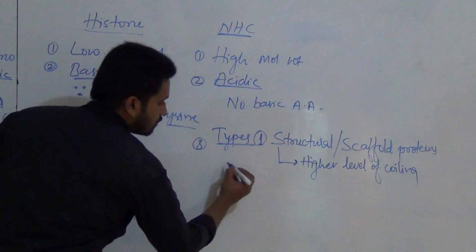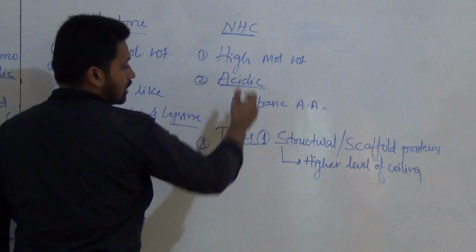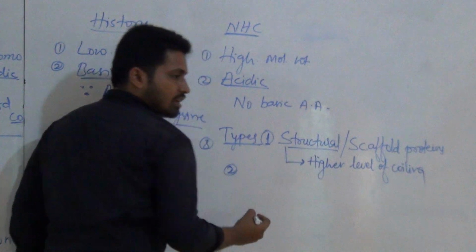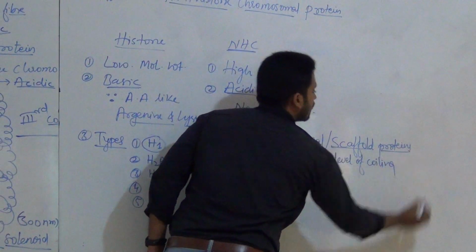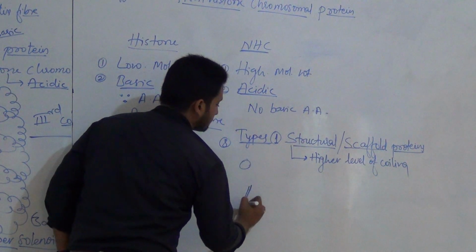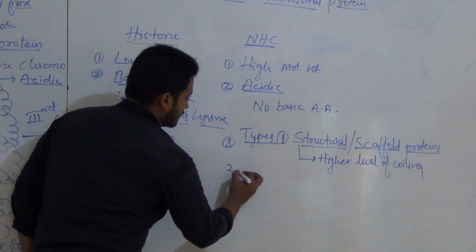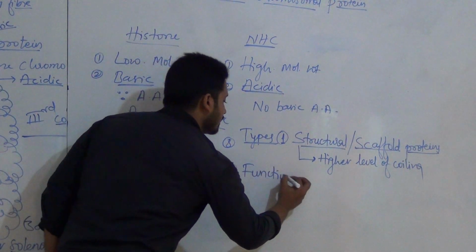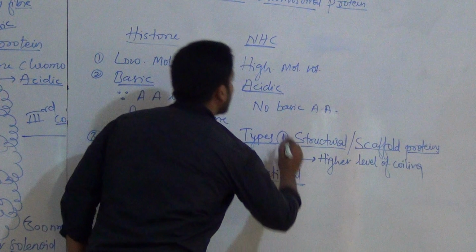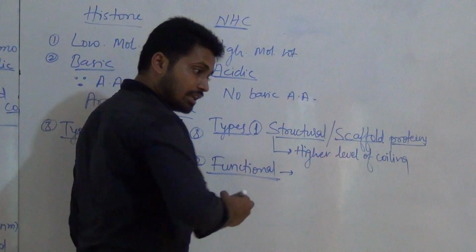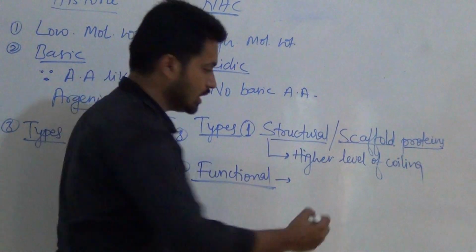That is the first type. Second type in non-histone chromosomal protein is functional non-histone chromosomal protein. What is its function? You will study soon.